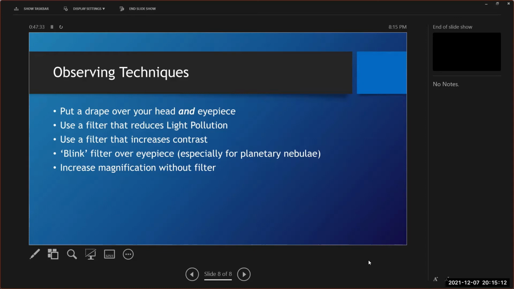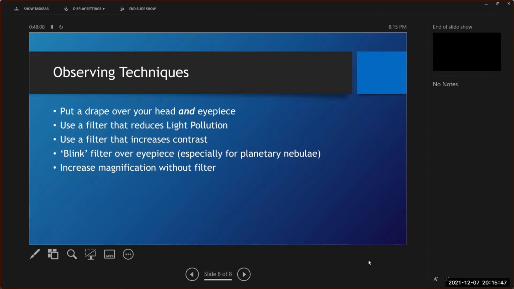I'll put the towel over my head, and you have to let your vision attune to the darkness under the towel, and you will realize that you're seeing more in very light gradations of contrast, at which point you realize you're seeing more structure in that nebula. And that's what the filter is for, in my opinion, is allowing you to see what little there is there. It's really a nuanced thing.